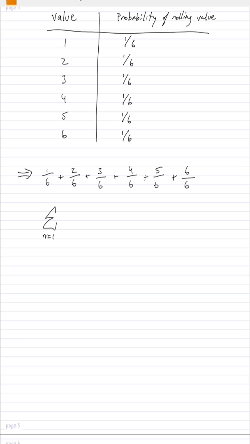The way that we write this is from n equals 1 to n equals 6. So that's the beginning, that's the end. And for each n, the value has a particular value ascribed to it. So I'm going to use a subscript of n down here, and I'm going to multiply that by the probability of getting that value. So we're just doing exactly what we have in the table here.